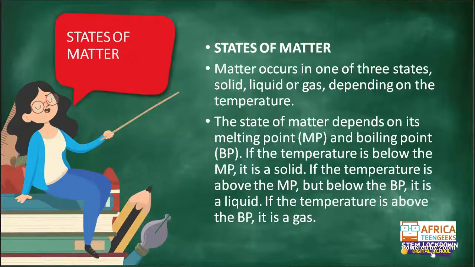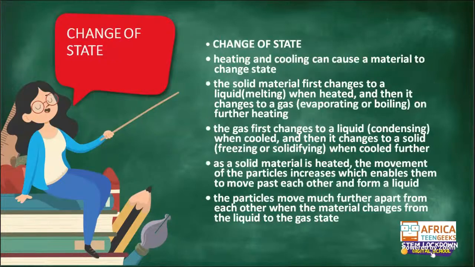Okay, so let's go on. Change of state. Now, a substance can change its state. It can be from solid to liquid and to gas, or from gas to liquid and to solid, or from gas to solid straight away. Okay. Now, heating and cooling can cause a material to change state. We shall see that in the following diagrams.